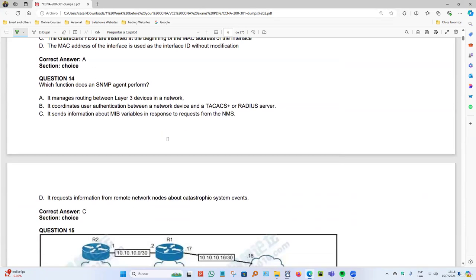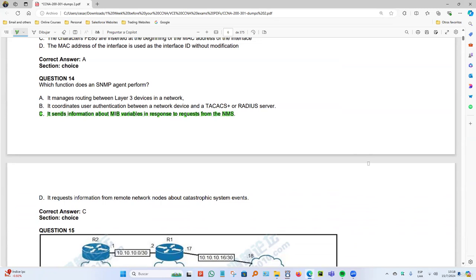What function does an SNMP agent perform? That is C. Let's see why. Let me highlight it, and then we will go ahead and analyze it. It sends information about MIB variables in response to requests from the NMS.